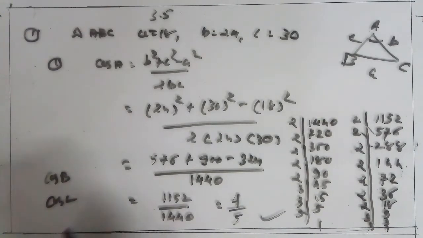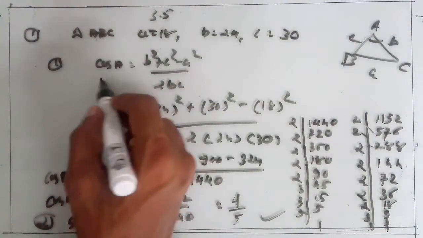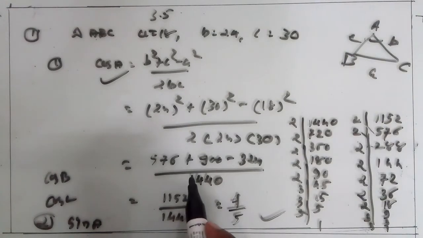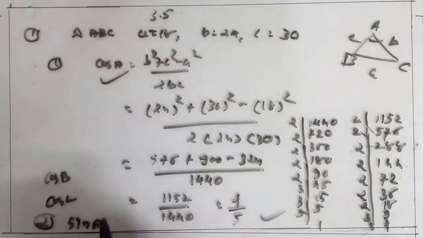Now, question number two. Find sin A, sin B and sin C. In the second question also apply the same method. First get cos A applying this formula, and get the value of sin A using the identity sin square plus cos square is equal to 1.